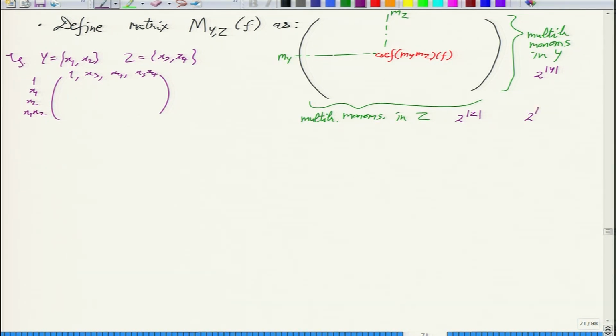So 2 raised to x is equal to 2 raised to Y plus Z. We are looking at all the multilinear monomials in the end, but how we draw the matrix will obviously change the rank and the measure. So what Y and Z are will change everything.